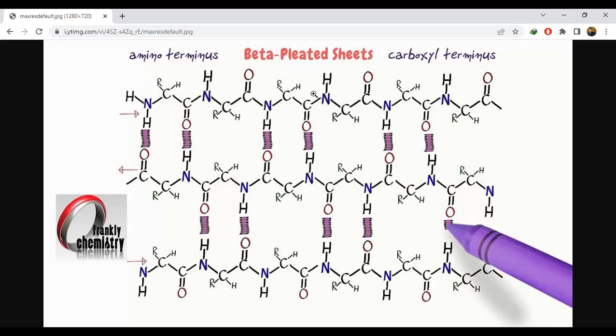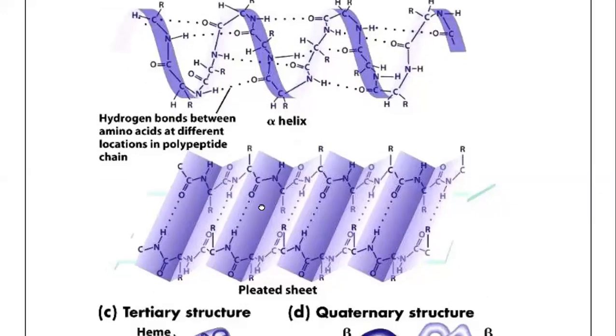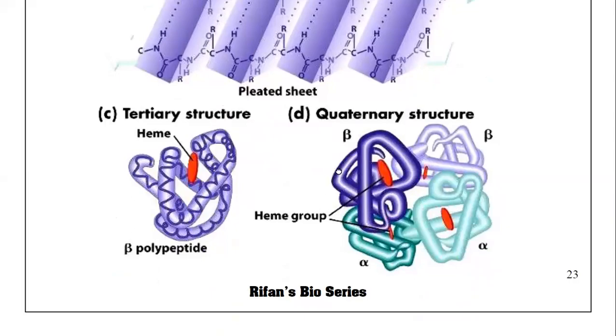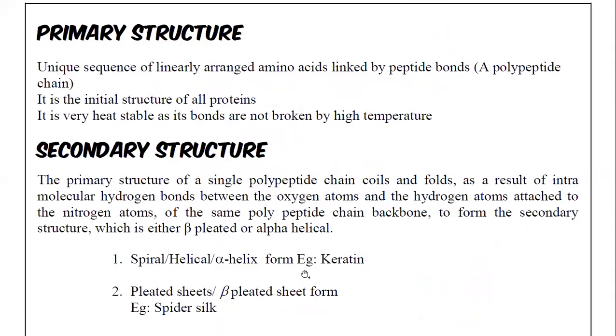Nitrogen is involved in making the hydrogen bond. So if you take the secondary structure, in the secondary structure there will be hydrogen bonds and peptide bonds. Both bonds will be there. Clear?